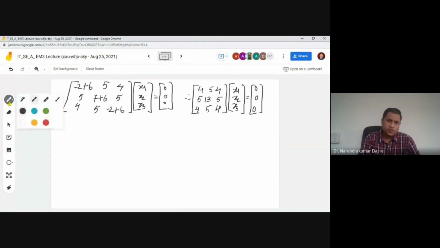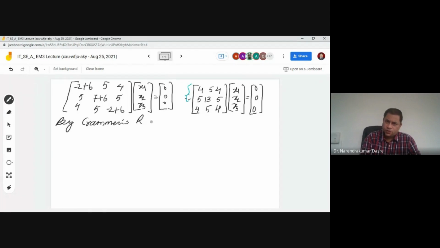Okay, so let us consider the first and second. So we can write here by Cramer's rule, x1 upon 5, 13.